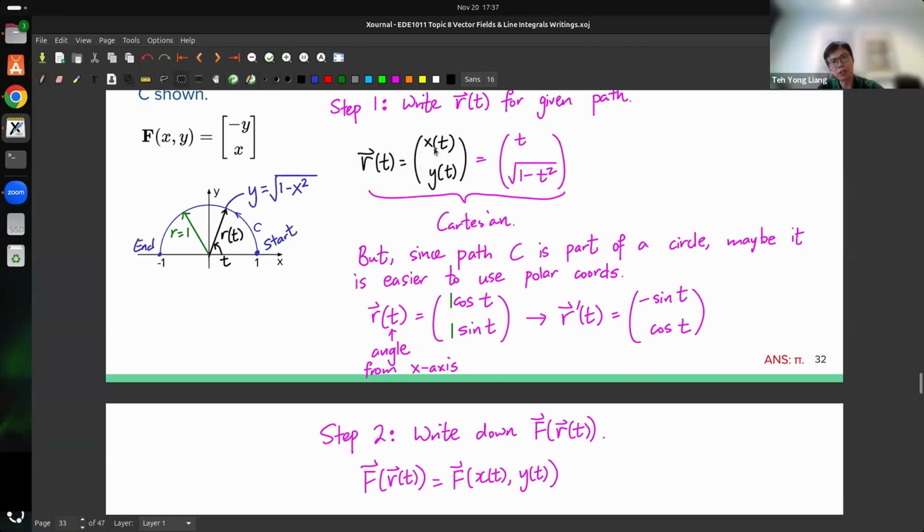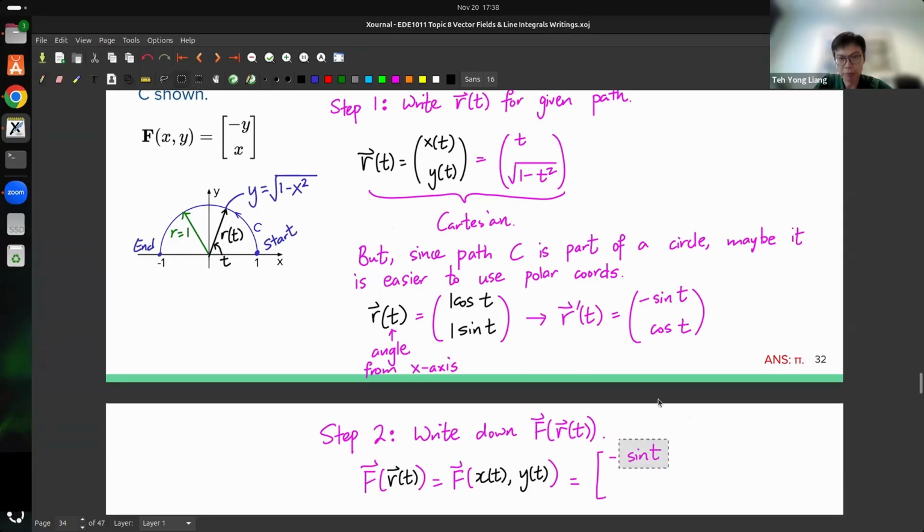You see? R of t is x of t, y of t. So if you sub in that particular r of t, since our r of t is using this guy, then your x of t, y of t is really just cosine t and sine t respectively. So this x of t, y of t is cosine t and sine t. Therefore you just sub in. This is minus y, but y is sine t, so you have minus sine t.